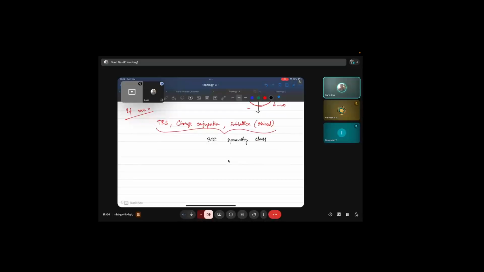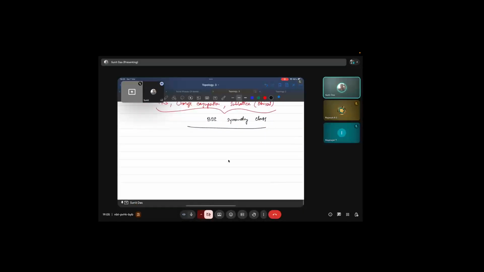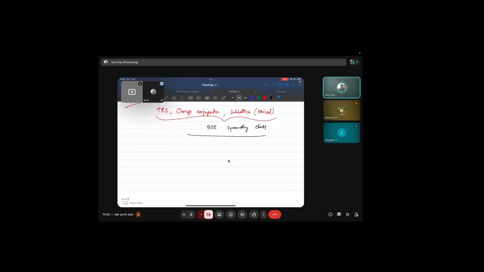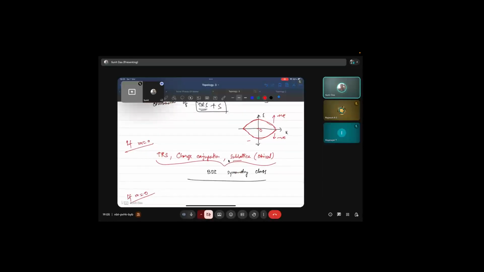So if these are the symmetries, then we have the BDI symmetry class. There is a nomenclature associated with the tenfold symmetry classification and so on, but we're not going into the details. But if m equal to 0, then this chiral symmetry, or the sublattice symmetry, is gone.